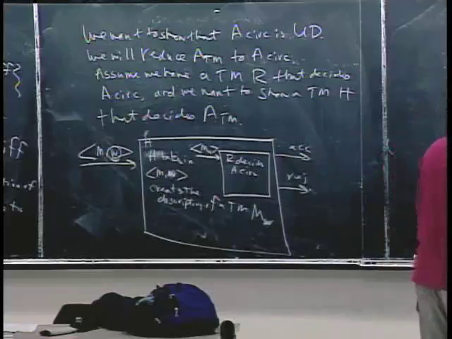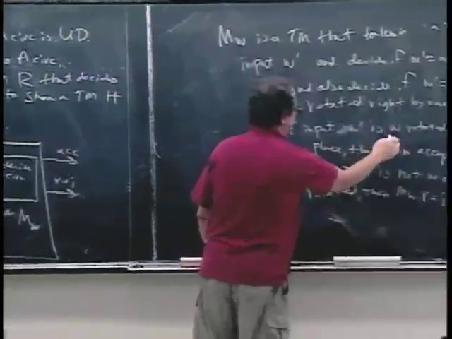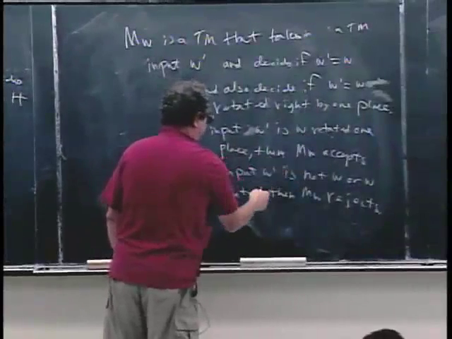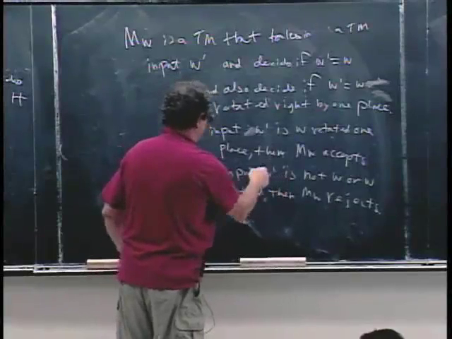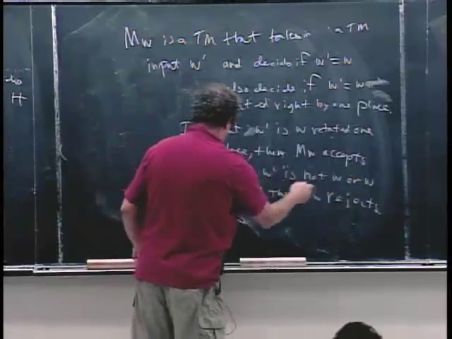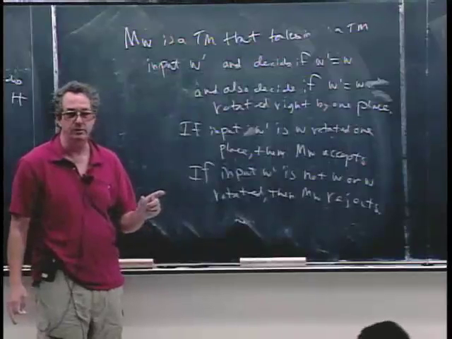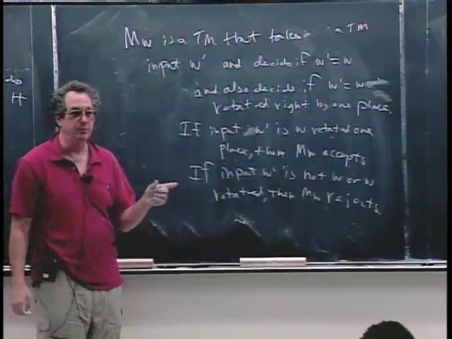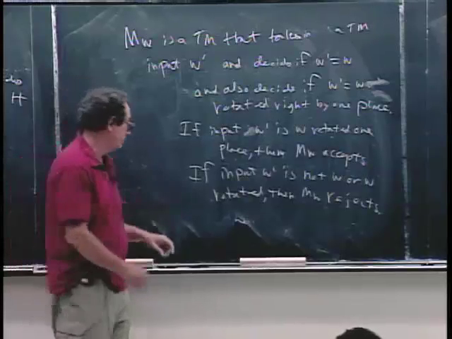Okay? So I have what MW should do when W prime is rotated one place, and what MW should do when W prime is not W or W rotated one place. So what's left out is what should MW do when the input is W. Okay?